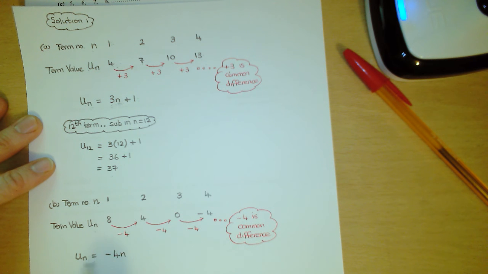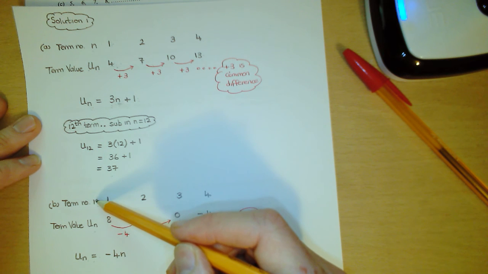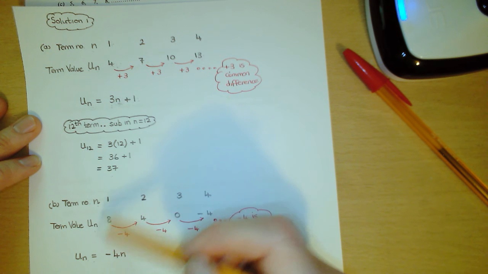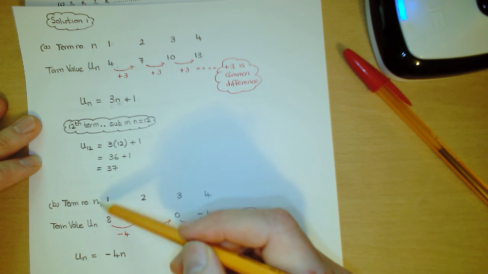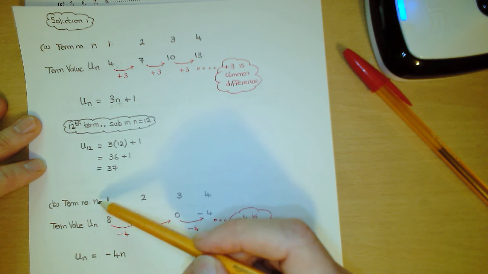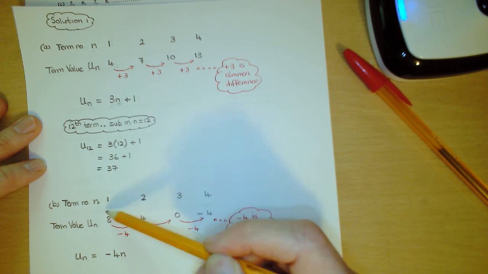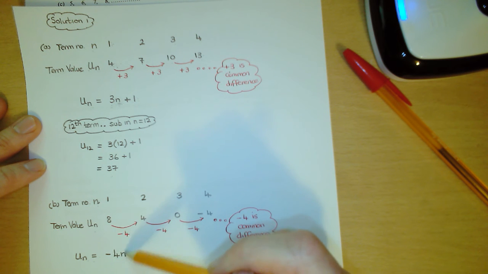So at the minute we have some sort of an nth term formula which is hopefully going to connect each term number n to its term value un. So let's test it now with the first set of numbers, 1 and 8, to see does it work. So in other words, when n is 1, we're expecting the term value un to be 8. So if I chuck n as 1 in here, minus 4 times 1 is just minus 4.